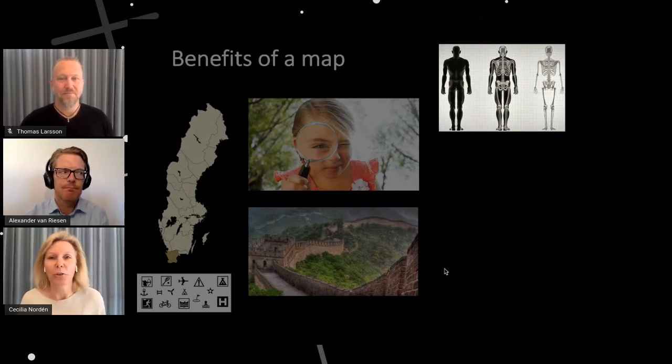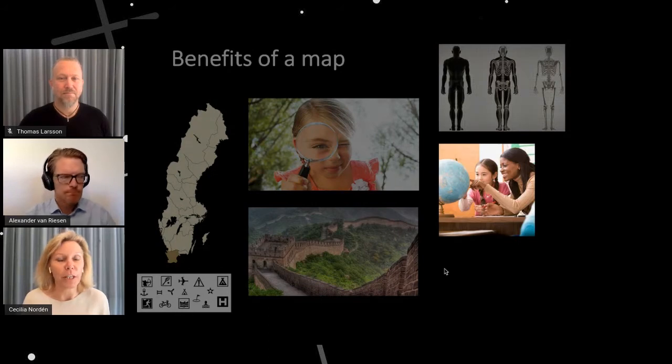I don't have to go to 3 different maps to view, for instance, the topography, and then where are the roads or where are the cities. They're all overlapped into one and the same map, which makes it easier for us to understand than if we would have to navigate between all the 3 of them.